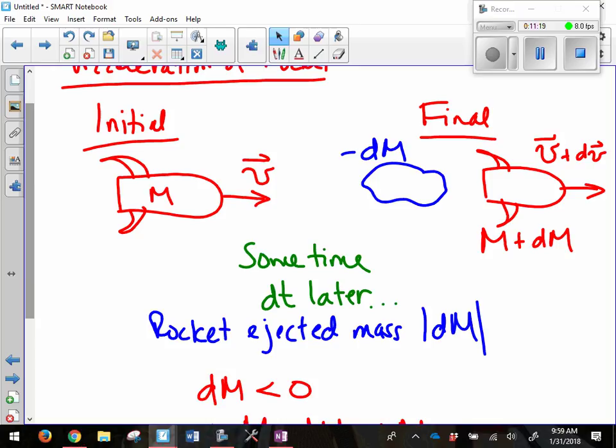It'll be okay. Trust me. And of course, our exhaust is going to have a velocity that I'm going to call u. Please note that I did not give it a direction. Although, which direction do you think it's going to be going?